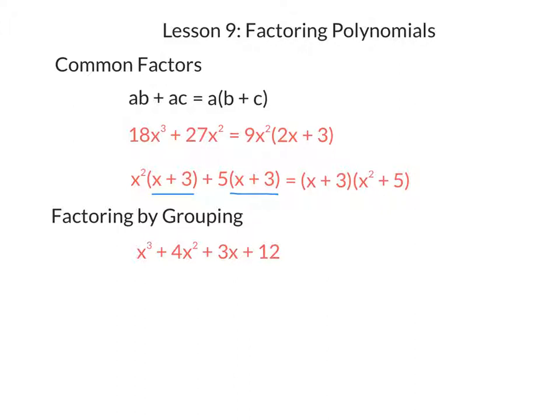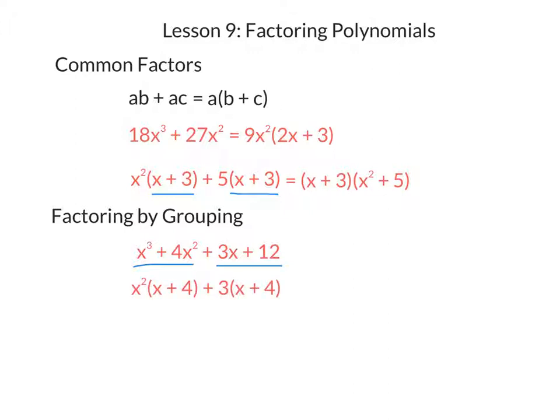However, let's look at the first group of terms, x to the third plus 4x squared. We can see that these two terms have a common factor x squared, and if you look at the second two terms, they have a common factor of 3. So let's see what happens when we factor out these common factors.